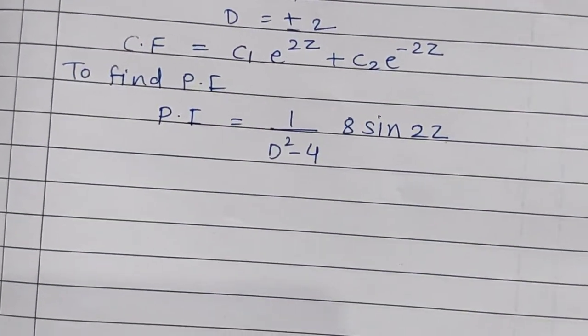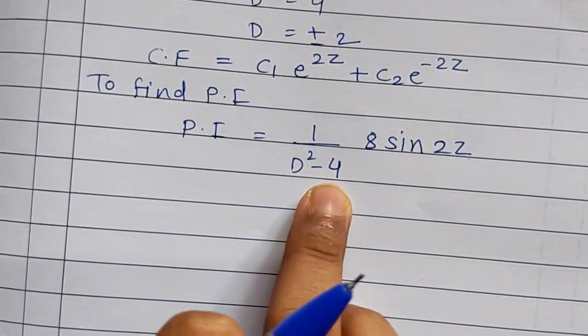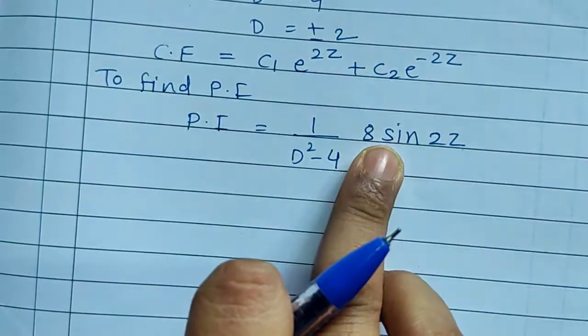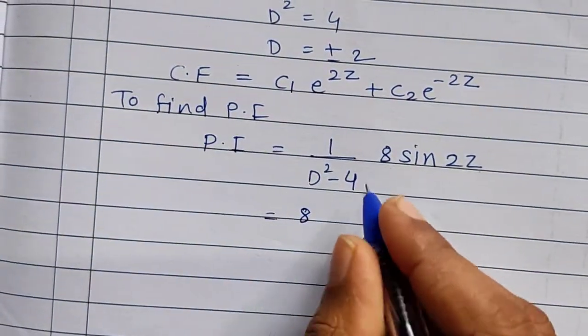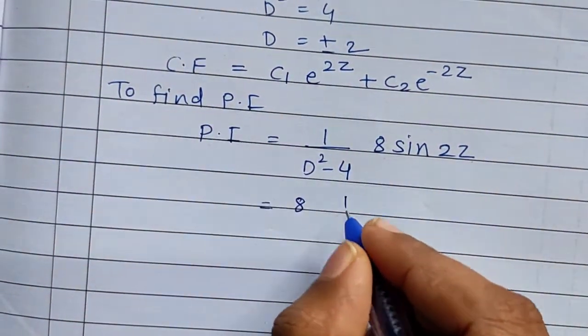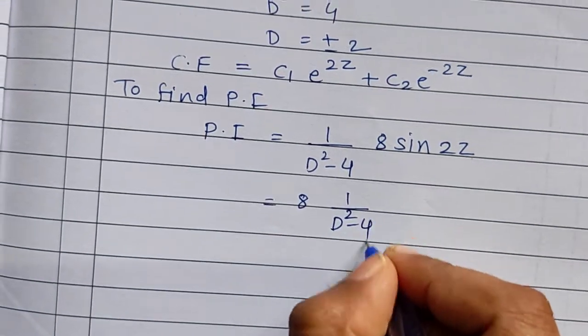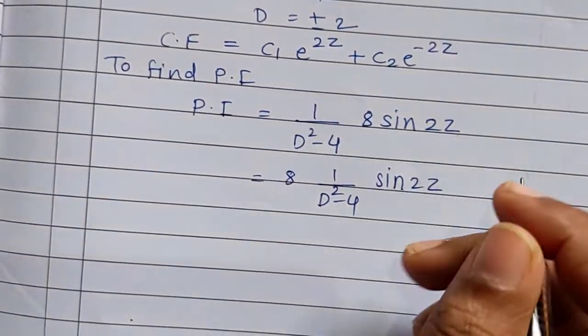Now to find the particular integral, PI is equal to 1 upon d square minus 4 into 8 sine 2z. We take 8 common, so 8 into 1 upon d square minus 4 into sine 2z.